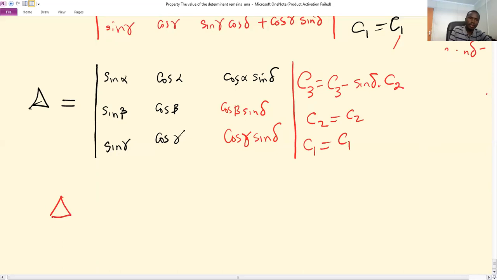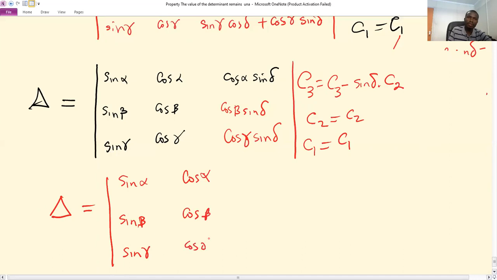So delta will be the determinant with rows sine alpha, sine beta, sine gamma, and cosine alpha, cosine beta, cosine gamma. Now, this one will be cos alpha sine delta minus sine delta times cos alpha, which gives me 0.